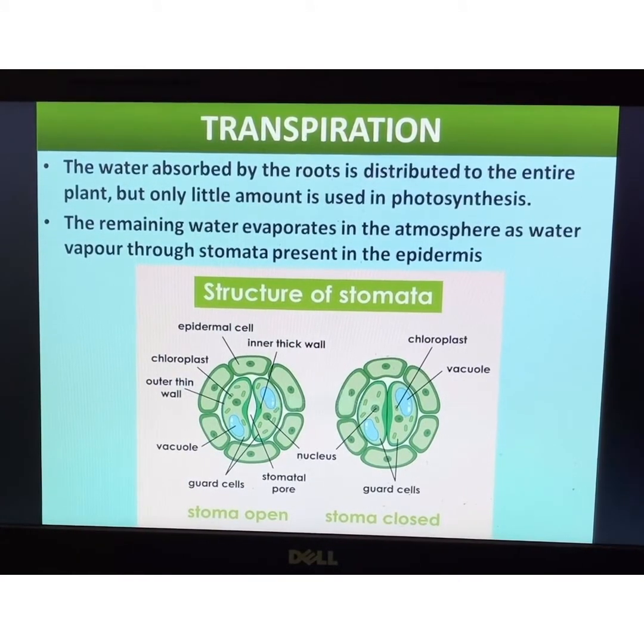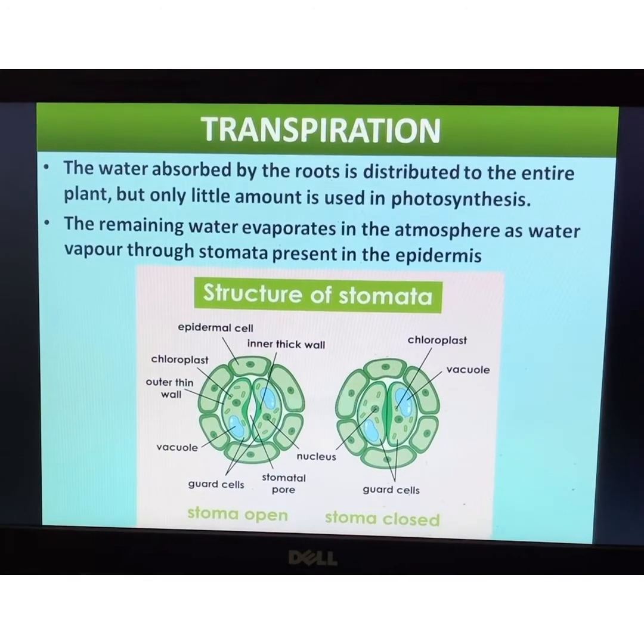And in respiration, which gas is taken in by the plant cells? In respiration, think. Obviously, when we talk about respiration, it has to be oxygen. In photosynthesis, carbon dioxide is taken in and oxygen is given out.